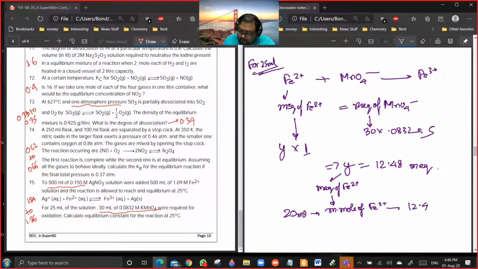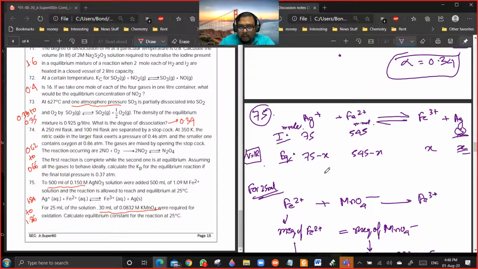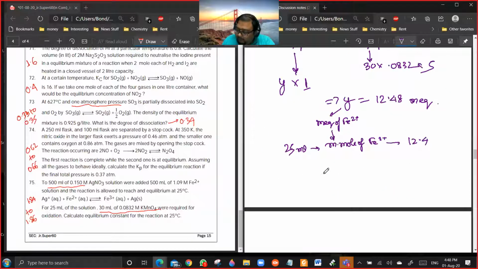So 25 ml of this equilibrium mixture we have reacted, and 25 ml was containing 12.48 millimoles of Fe2 plus. So 1000 ml will be containing how many millimoles? You multiply by 40 here.